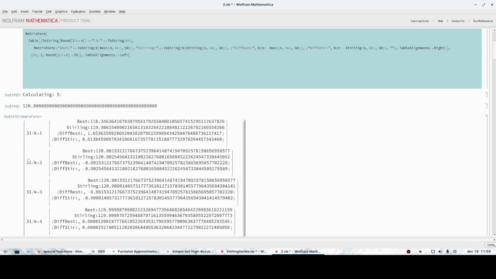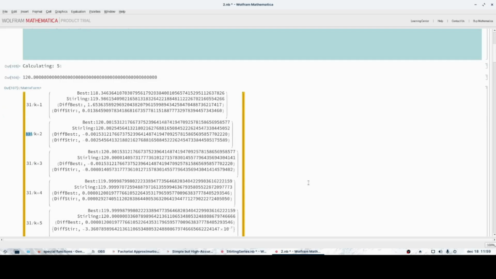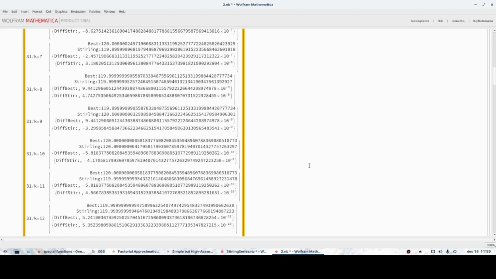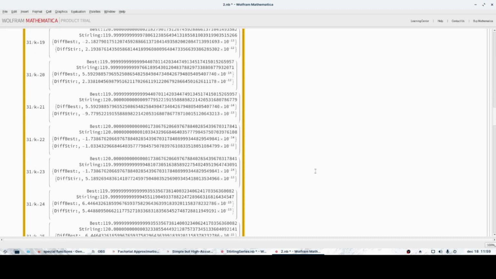That's why I put this number here. So again, the first values are not so accurate, but approaching 31, it gets better. Like you see, it's 13 decimal places, but the Stirling formula is only 11 decimal places. You can see my formula is 2 decimal places better than the Stirling formula.